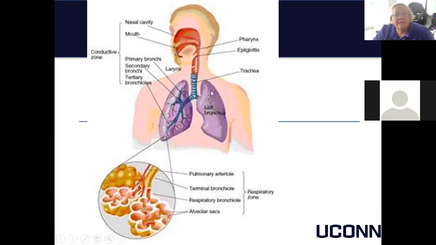Okay. And again, you can see that into the left lung, it's a much sharper turn from the trachea to the bronchi, versus into the right lung, it's more of a slope.